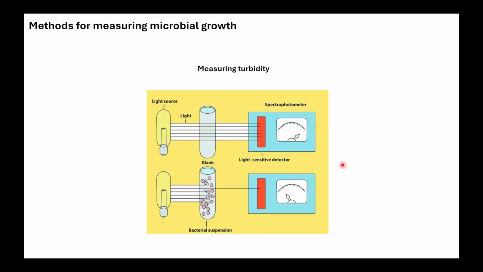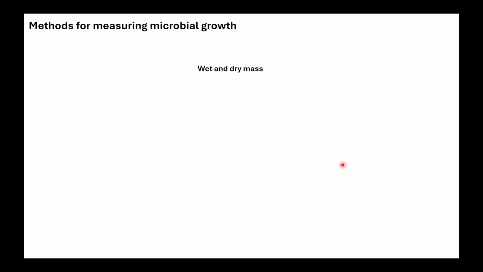So for measuring microbial growth, what we saw: microscopic count, where we can directly count the number of cells physically under a microscope. We can measure the turbidity using a spectrophotometer by measuring the absorbance of the sample.